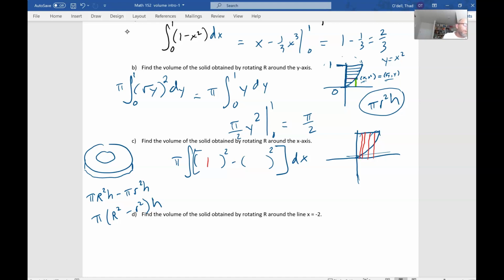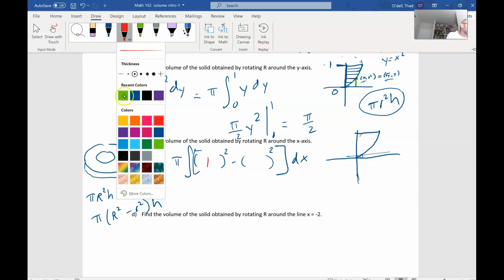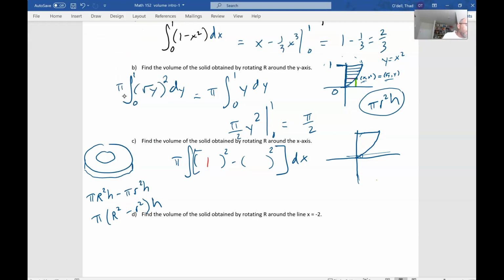Now my little r. I'll grab a different color. Actually, that one's too wide. There we go. So my little r is going to be from the line of rotation to the inside edge. Notice that guy's changing all the time, and he depends upon that curve y equals x squared again.